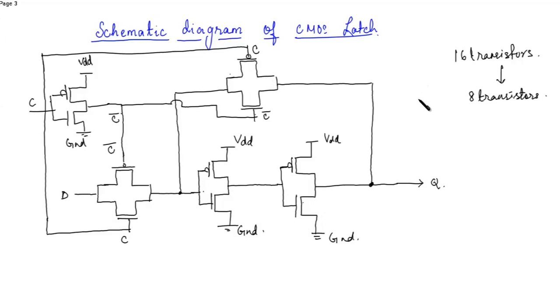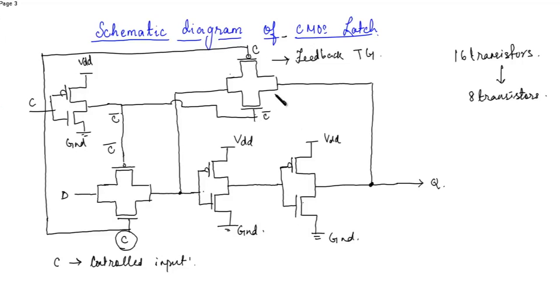So now the transmission gate, which is present over here, is controlled by the input C. This is the control input C. There is a feedback transmission gate, which is controlled by the negation of C, that is C bar.